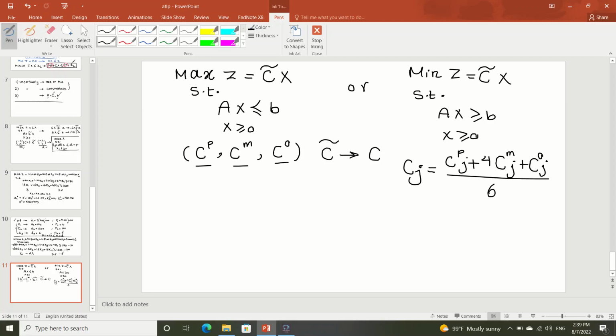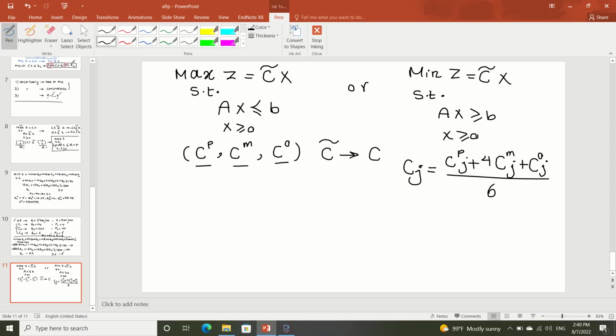Simply the fuzzy coefficient has been converted to the crisp coefficient. So this is not complicated for analyzing the fuzzy value. Okay, and we need to write the fuzzy model applying the membership function and membership degree.